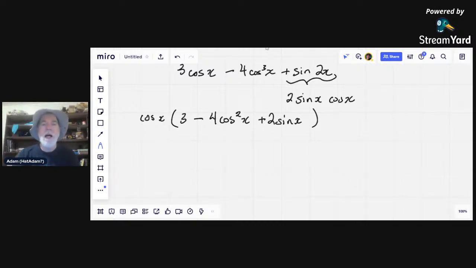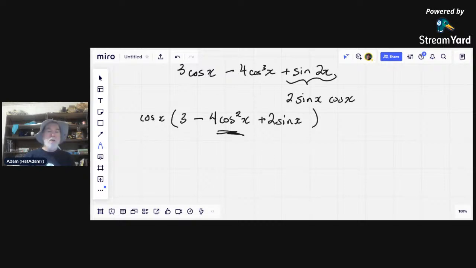But we have another identity which we can use to convert this. So actually, we are going to end up converting everything into sines. So the next trick is, how can we convert all of this into a sine that we can work with? And yes, I've got my notes here.